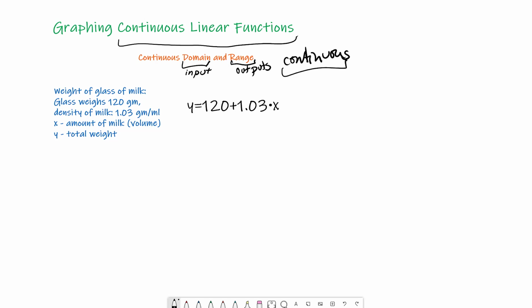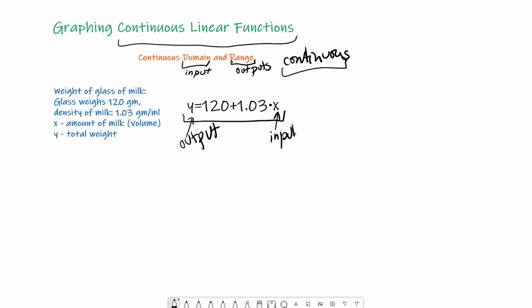So let's look at this example. I wrote down the functional form here, y equals 120 plus 1.03 times x. So here x is our input and y are our outputs. And let's look at what this linear function describes.